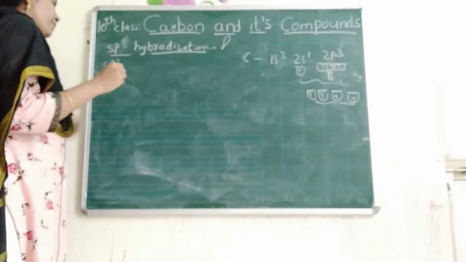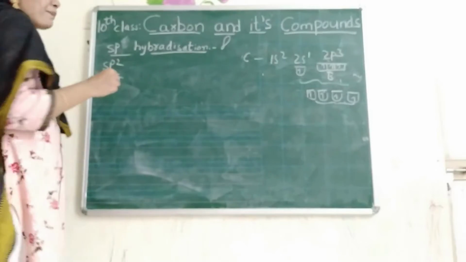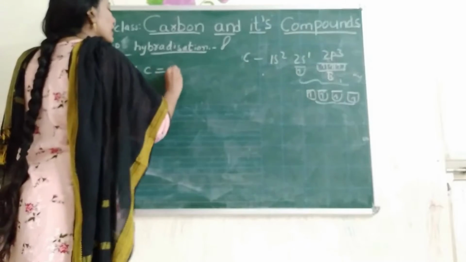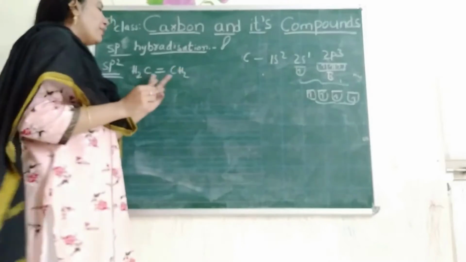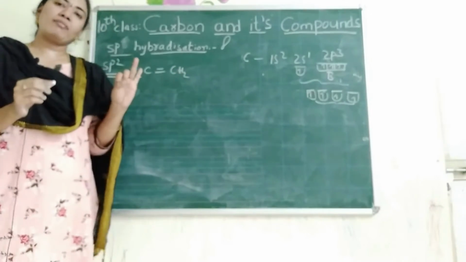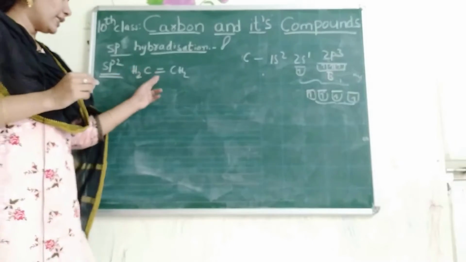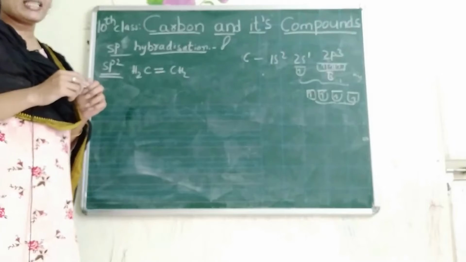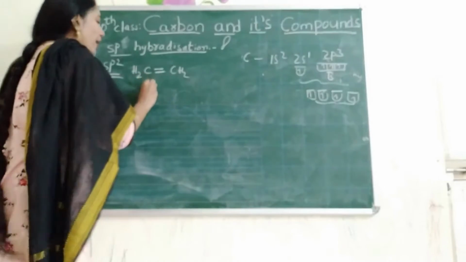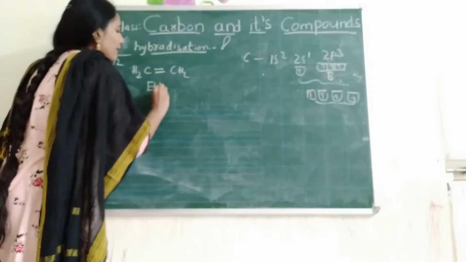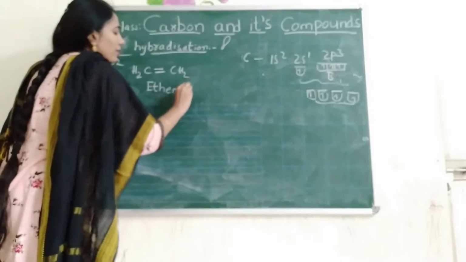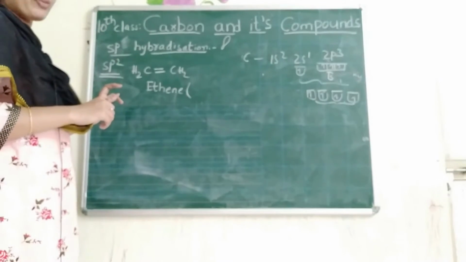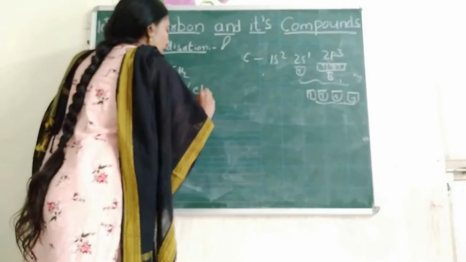We observe this sp2 hybridization in ethene, CH2=CH2. Here, how many carbons? 1, 2. Two carbons means the root word is eth. Which type of bond is it? Double bond. The double bond means ene. What is the IUPAC name of this compound? Ethene. The common name of this compound is ethylene.